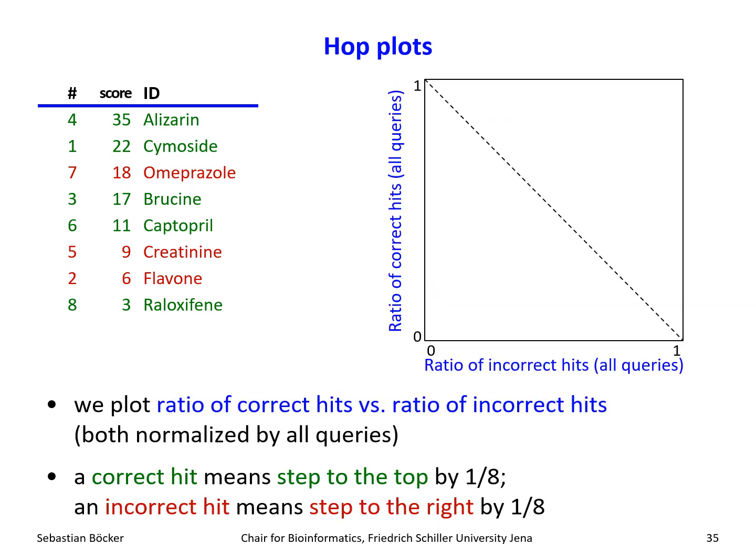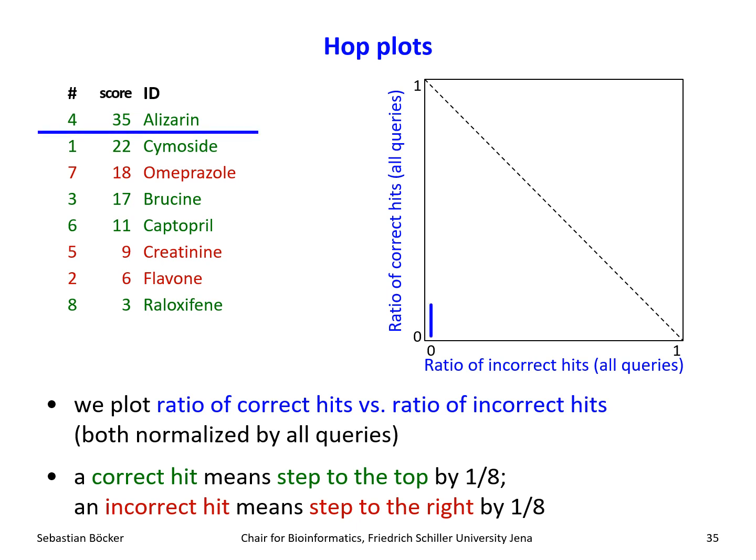And what we do now, since we cannot decide on the correct threshold, there is no such thing, we make a plot that shows all the thresholds at the same time. And we start off with an arbitrarily high threshold, in which case we do not report anything back. And in this case, both the ratio of correct hits and the ratio of incorrect hits is 0.